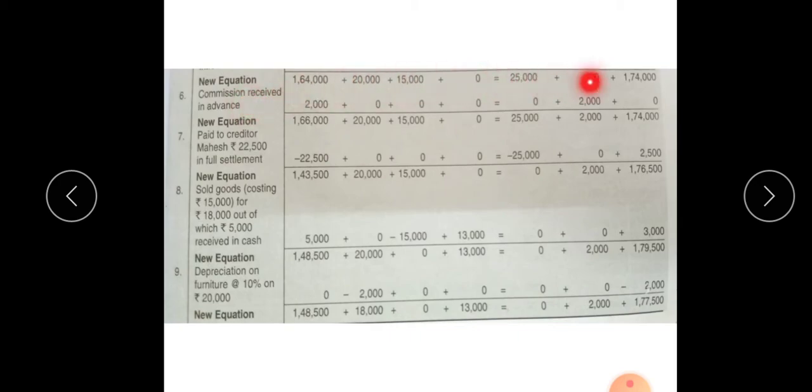So a new column, commission received in advance, you will write on the liability side, 2,000 below that column, and it is received in cash, so our cash will increase by 2,000. So under the new equation, cash stands at 1,66,000, furniture 20,000, stock no effect 25,000, creditors at 25,000 rupees, commission received in advance 2,000, and capital at 1,74,000 rupees.